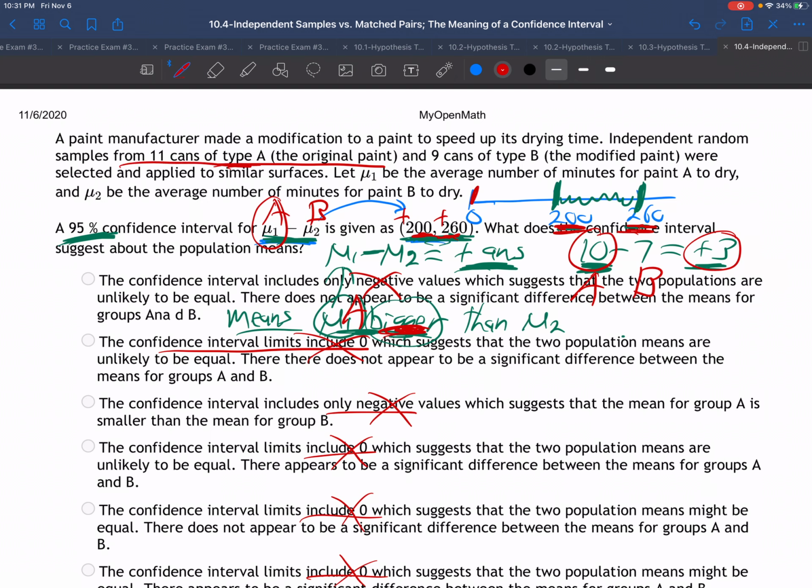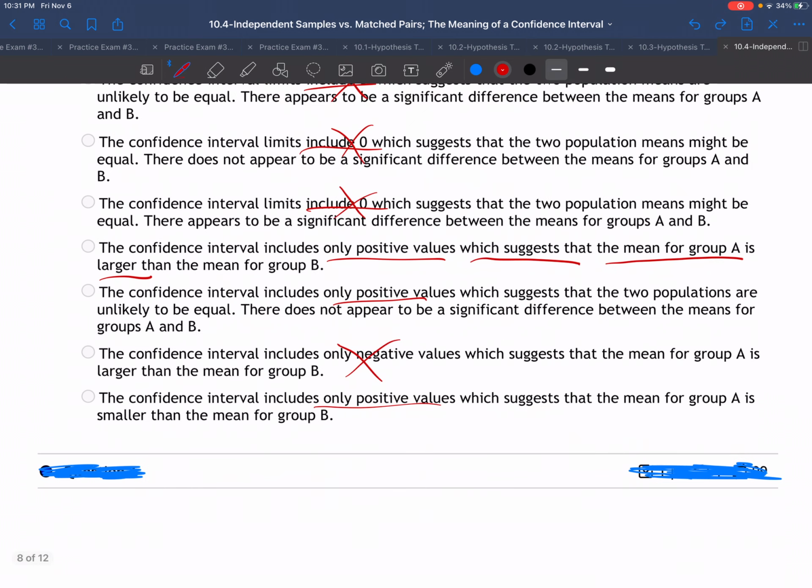Mu1 is A, mu2 is B. So, yeah, A must be bigger. A is larger. Yes, that's correct.